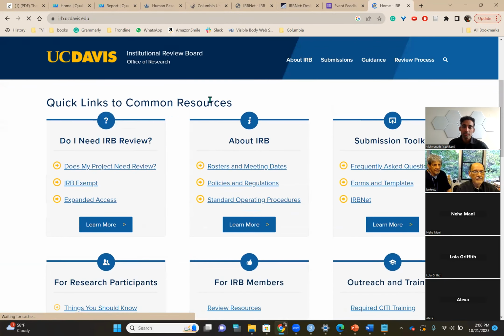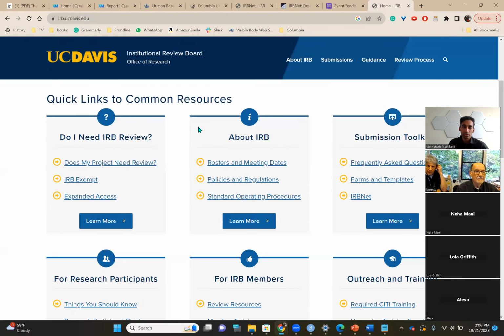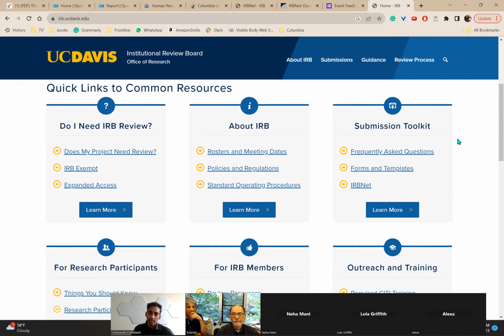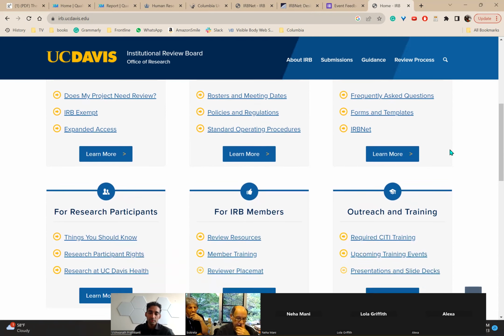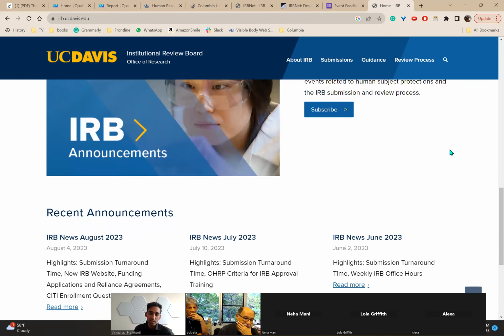You'll see a lot of different links here. What you really want to do is go to something like a submission toolkit. Every university will have a different page that looks like this, but every university will also have an on-call number somewhere here.